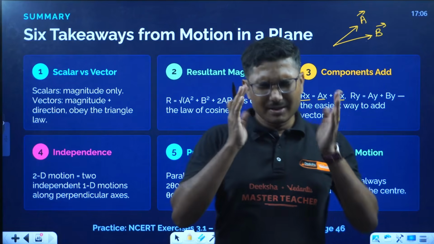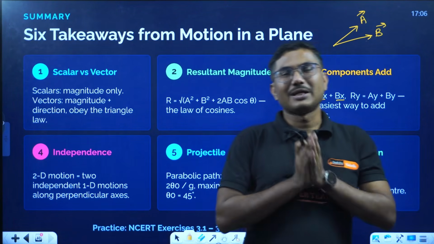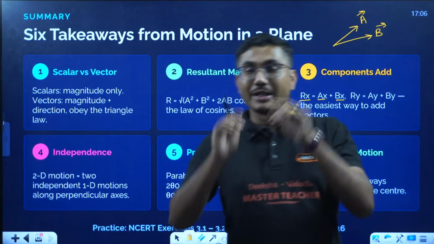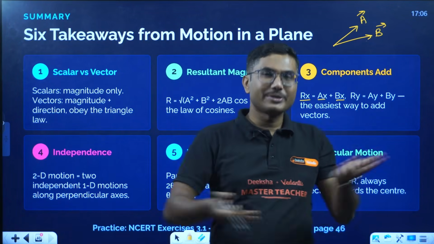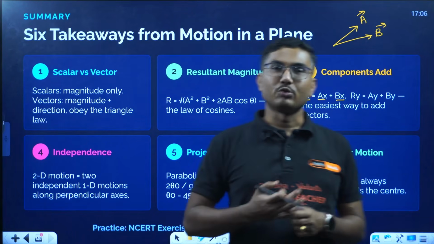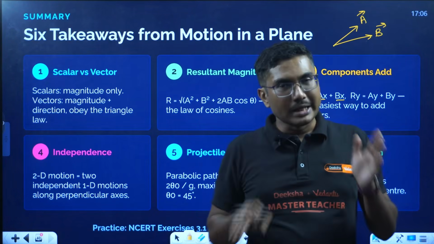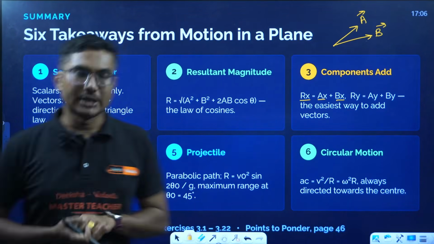The vertical motion can be considered independent as well. The only common link between these 2 motions is time, because time has to be the same for the vertical and the horizontal motion. They do not have 2 different times. Other than that, they are independent of each other.